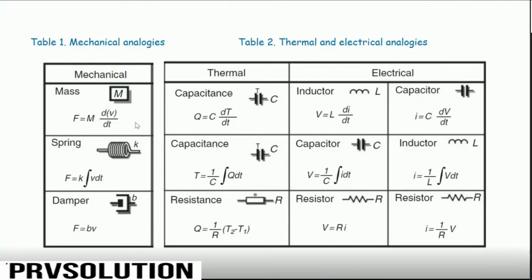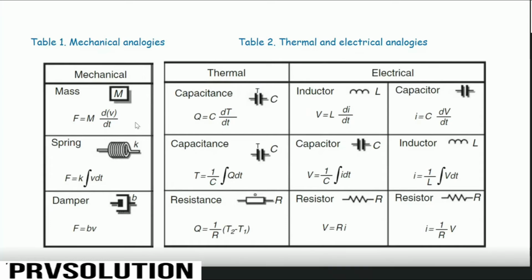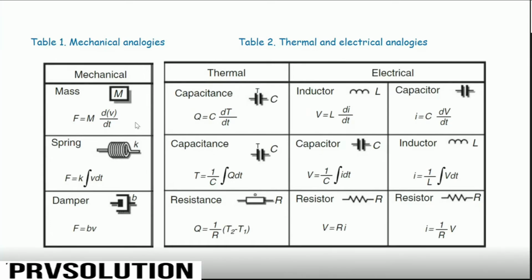Similarly, for thermal elements, depending on the change in temperature, we consider what happens to a capacitor and what happens to a resistor. Similarly, the electrical elements are capacitor, inductor, and resistor. So suppose some sensor is represented by a combination of mechanical, thermal and electrical elements.